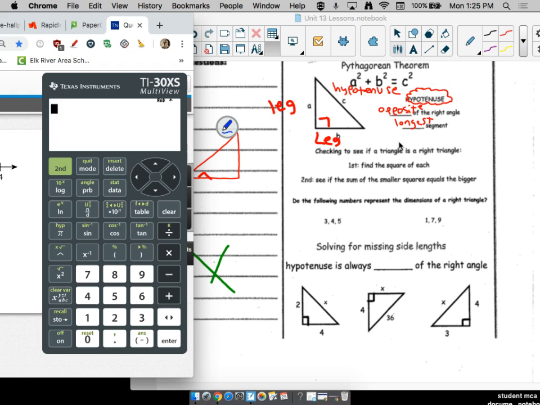By the way, I forgot to tell you, the theorem comes from a Greek genius whose name is Pythagoras. He lived way back; I don't remember his actual dates.